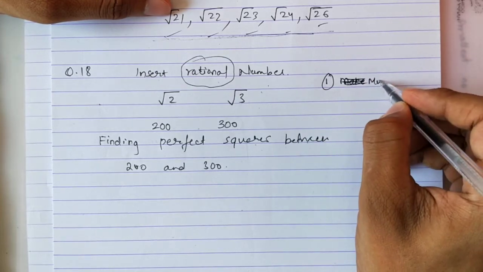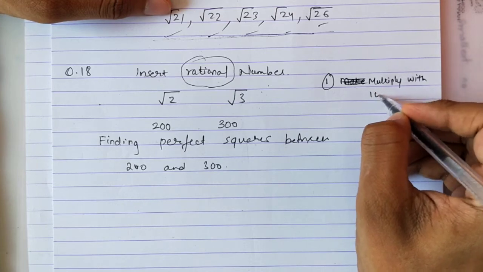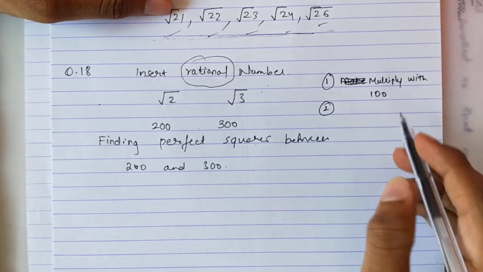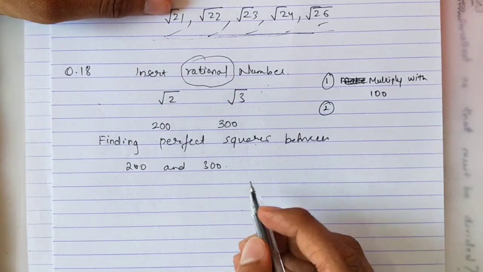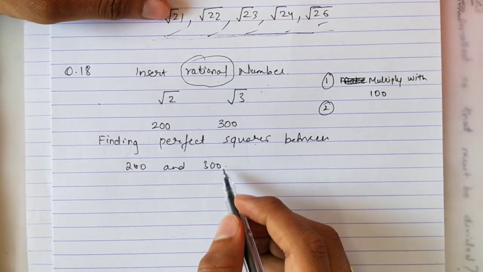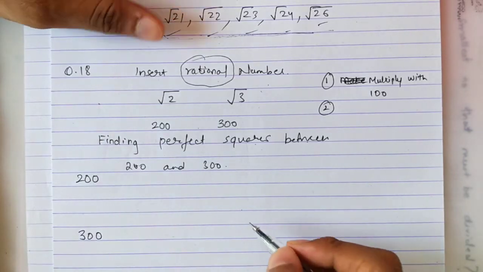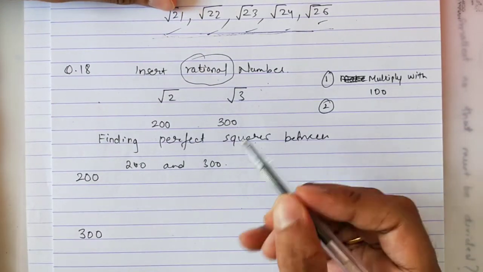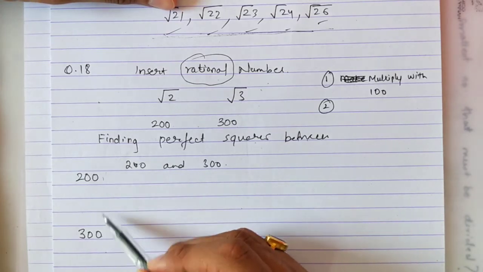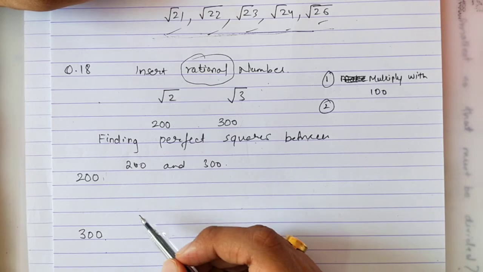I'll write like this. Multiply with 100. First step was multiply with 100. Now 200 and 300. Perfect square means what? Try to find a square which is between 200 and 300. Any square between 200 and 300.